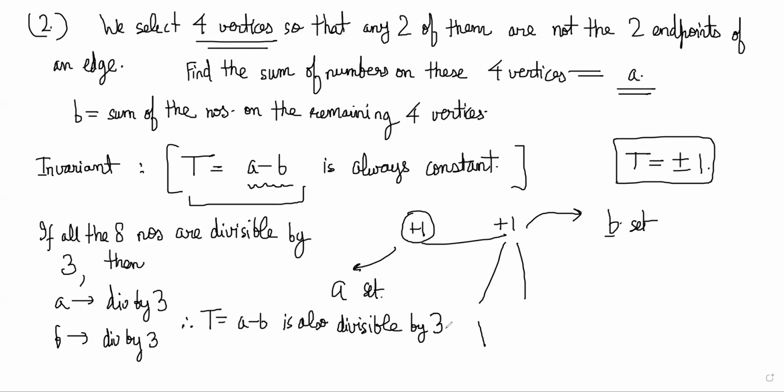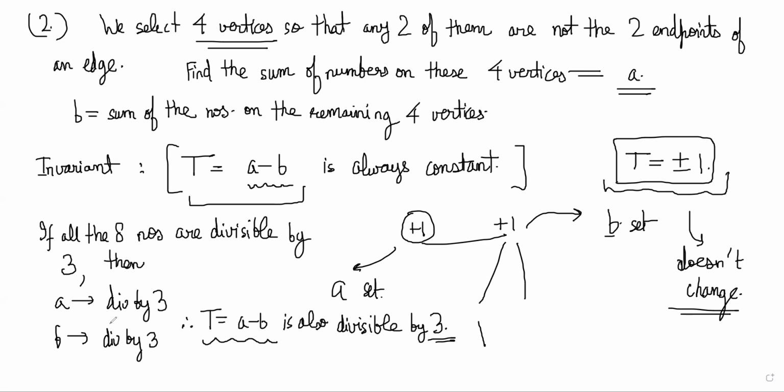That is true. T will also become divisible by 3. But what did we find out here? T was equal to plus 1 or minus 1 and it does not change. So it can never be divisible by 3. So therefore, this is a contradiction.